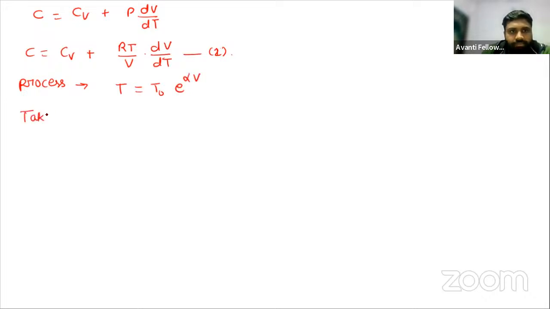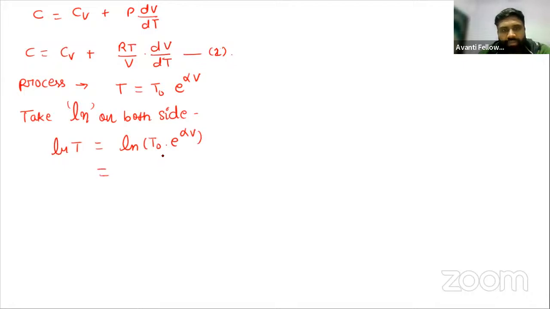Now take log on both sides. This is a very conceptual question, and very important. We are taking log on base e, or you can simply say we are taking ln on both sides. So it will become ln T is equal to ln of T naught e raised to the power alpha V. You all know the property of logarithm: multiplication leads to addition.